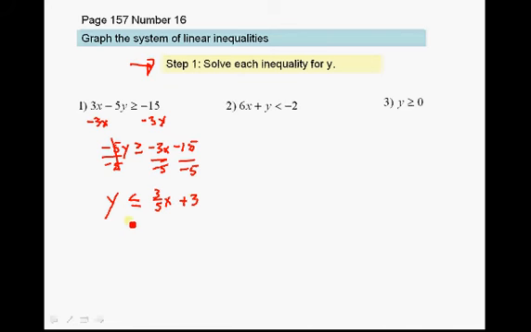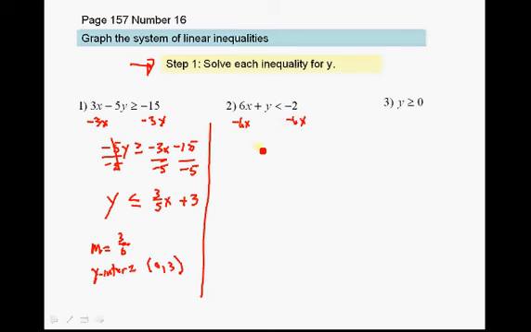There we go. Now we have it in slope-intercept form, where the slope is equal to 3/5, and b, or the y-intercept, is at x equals 0, y equals 3. That's that one there. So we do the same thing here. We're going to subtract 6x from both sides, and we get y is less than negative 6x minus 2.